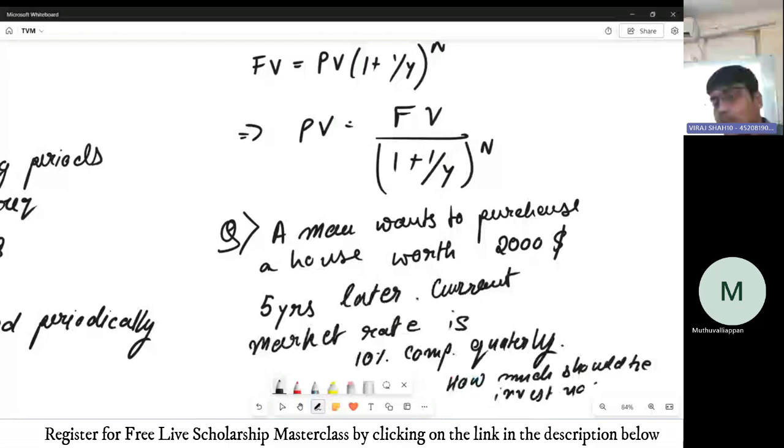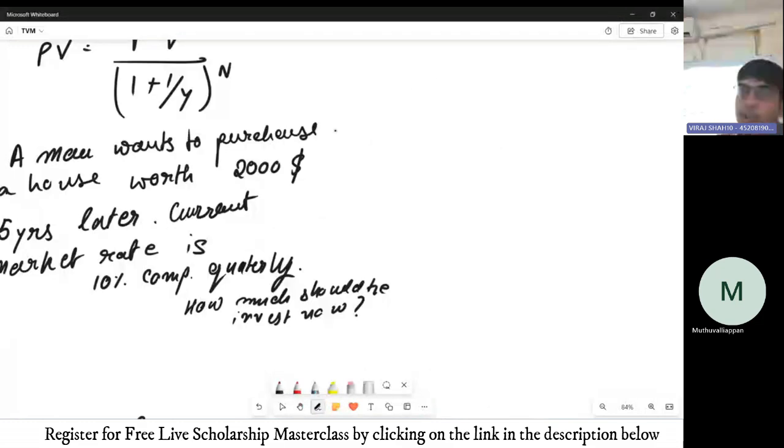So PV calculate करने के लिए, FV calculate करने के लिए we needed a PV. To calculate PV, what do we need? FV. FV is given 2000.